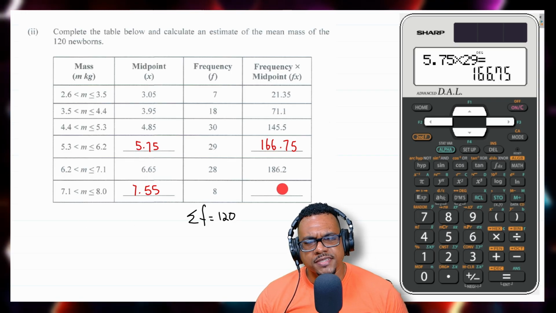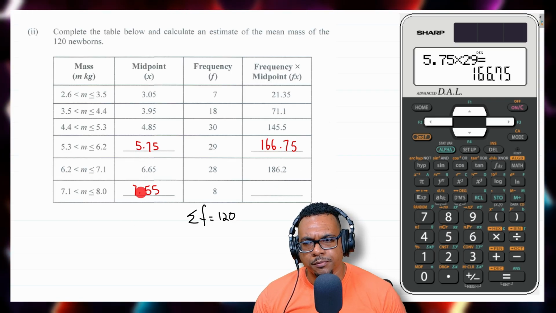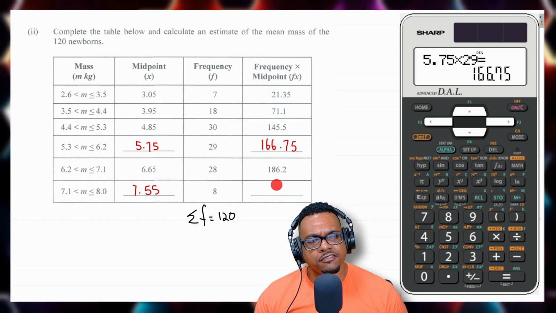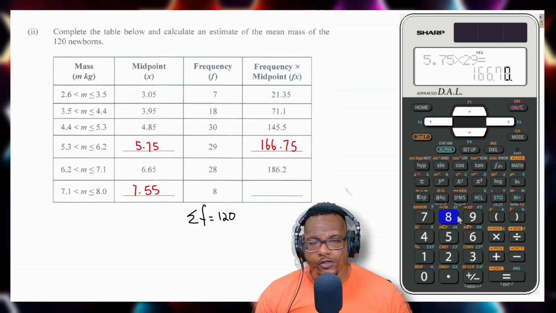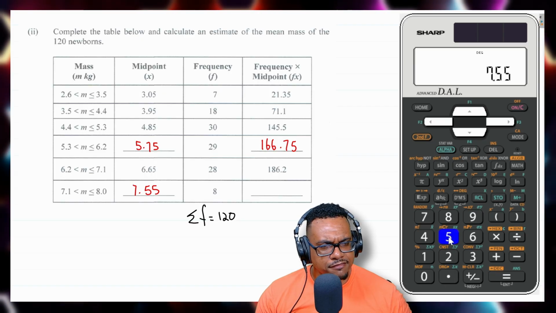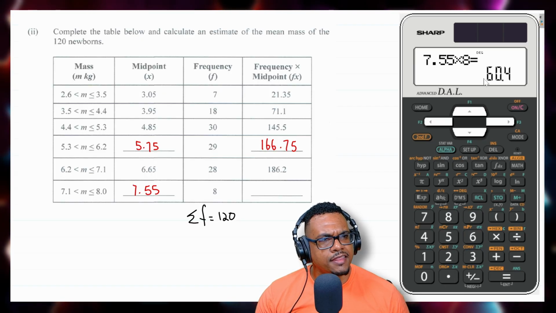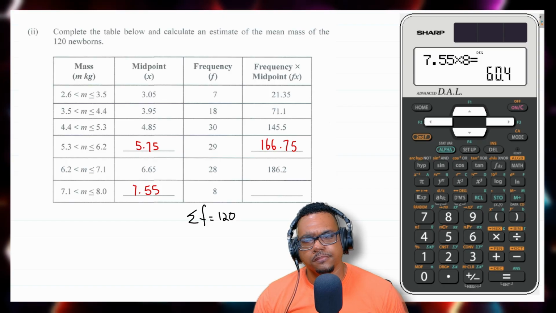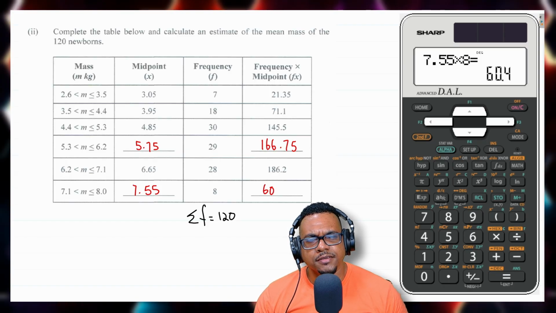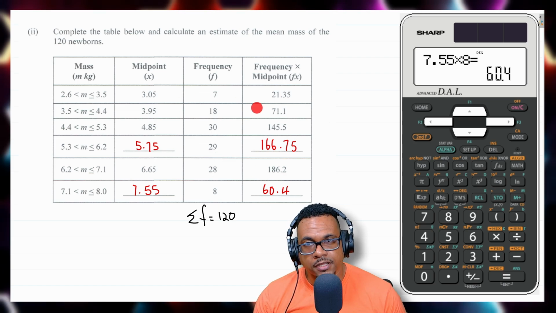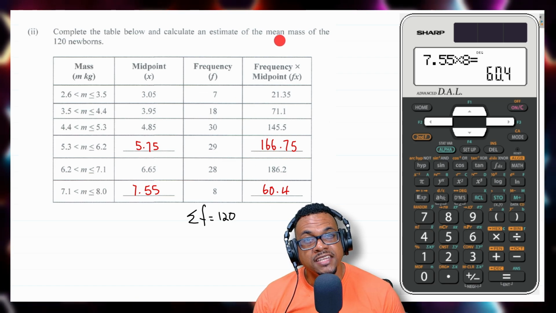And then to get what's missing here, I'll multiply this midpoint, 7.55, by the frequency 8, so x by f, and that will give me the answer for here. So we have 7.55 multiplied by 8, and that will give you 60.4. So I'll have 60.4.